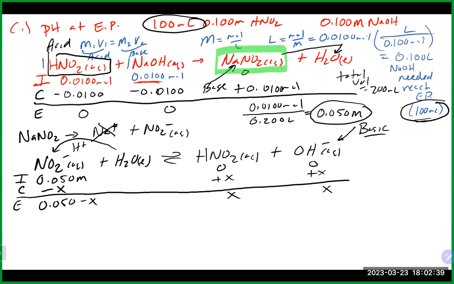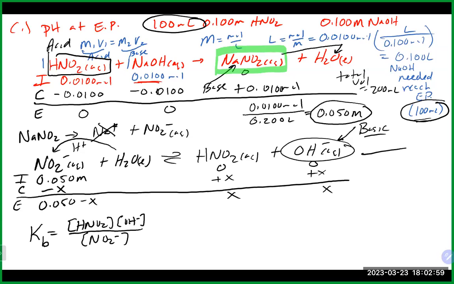This is going to go into our K expression here, which is again our products over our reactants. And by the way, this is what type of K? A, B, C, D? It is a Kb.